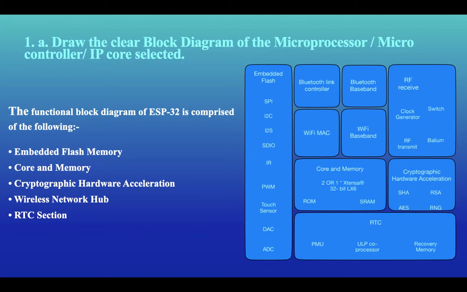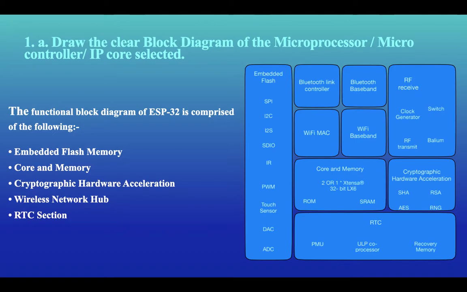The ESP32 is a very versatile system on a chip that can be used as a general purpose microcontroller with quite an extensive set of peripherals, including wireless capabilities. The functional block diagram of ESP32 is comprised of embedded flash memory, core and memory, cryptographic hardware acceleration, wireless network hub, and RTC section.